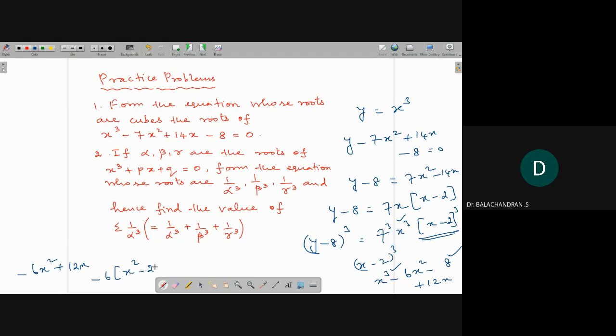Yes, x square minus 2x. What is x square minus 2x from this relation? Y minus 8 by 7. So this is also another method. Okay, got it?